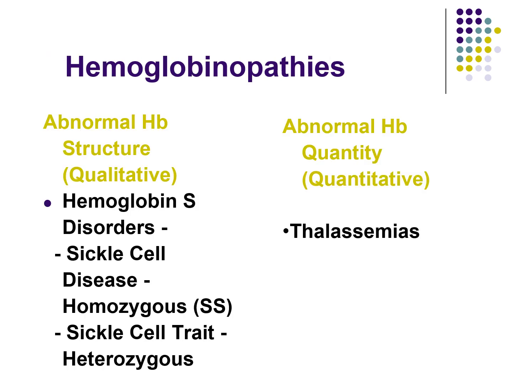As we have said, the hemoglobinopathies may be a problem in the structure of the hemoglobin or the globin chains. It's produced in enough quantities, but the structure is defective, as in sickle cell disease. For example, in sickle cell disease, only one amino acid is replaced by another, valine.